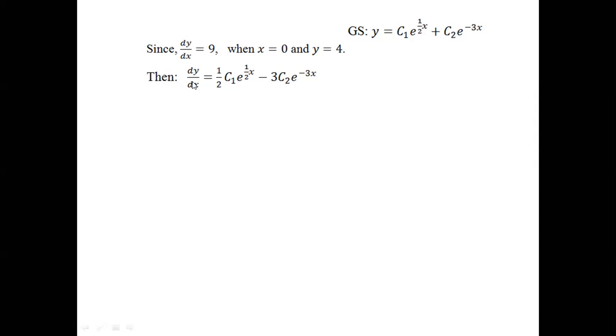So differentiating with respect to x, we've explained it. Then dy over dx at the point when x is equal to 0, this is how you state it. When x is equal to 0, in this same equation where there's x, we put 0. 0 there, 0 there. It means the e will be raised to the power 0, and the e here will be raised to the power 0.